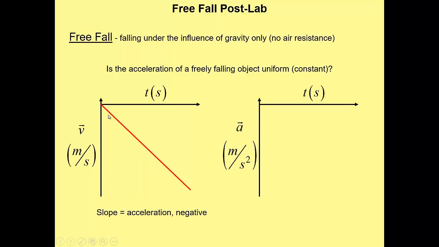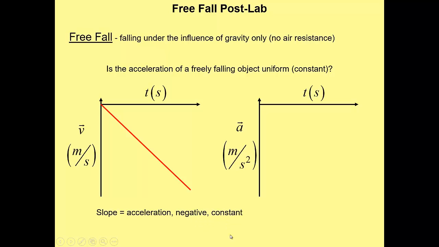And can you tell whether your slope, not the graph, but your slope, is increasing, decreasing, or constant? Look at your graph. It's a linear graph. What's special about the slopes of linear graphs? They are constant.